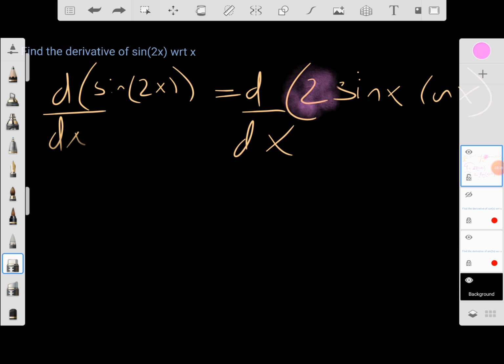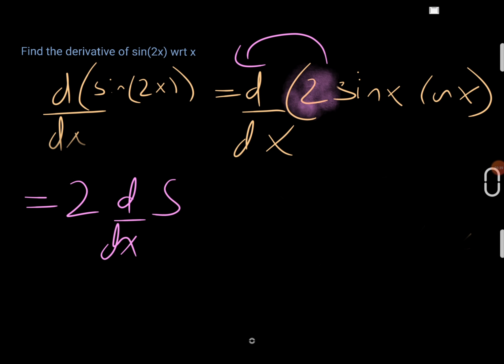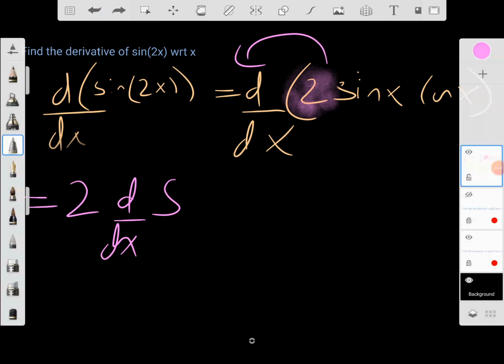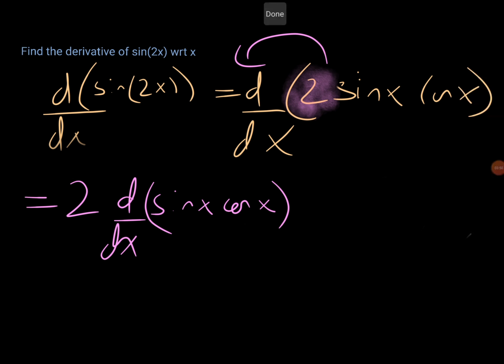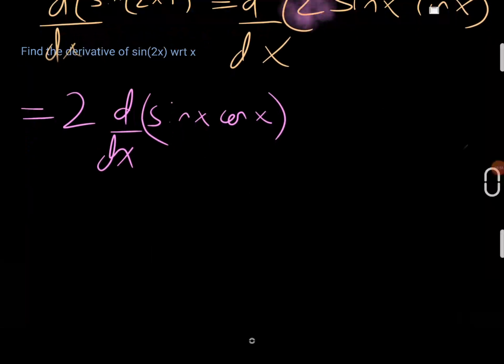Okay, so using all that we understood till now, let us take this 2 out, and this is equal to 2 d by dx of sin x into cos x. Now we reach a position of a product function, sin x cos x. So now we use our left d right plus right d left, that is our product rule.